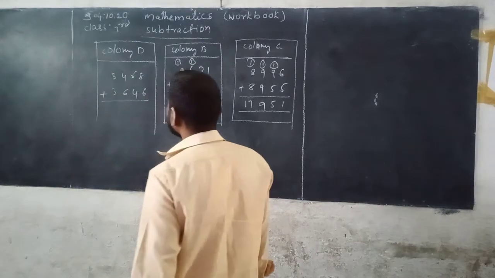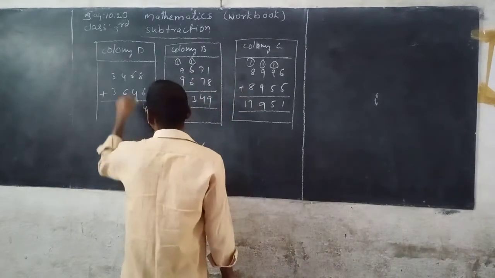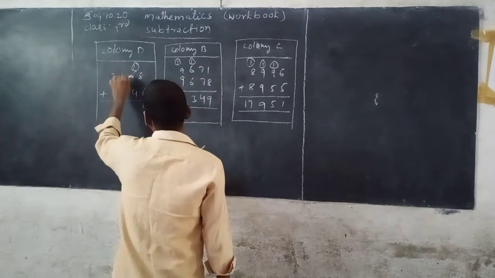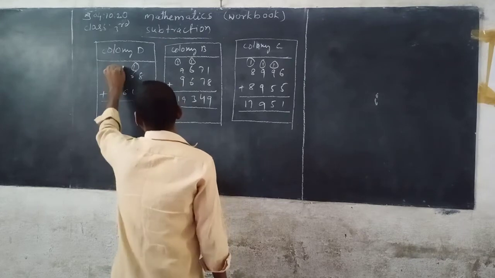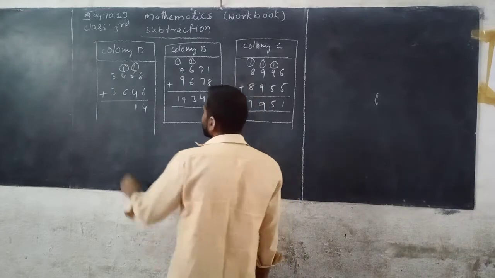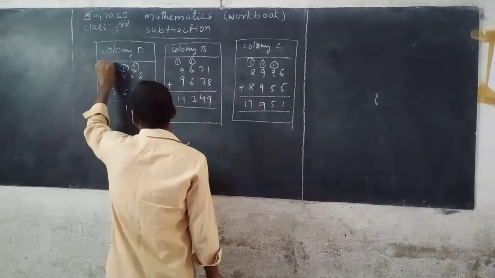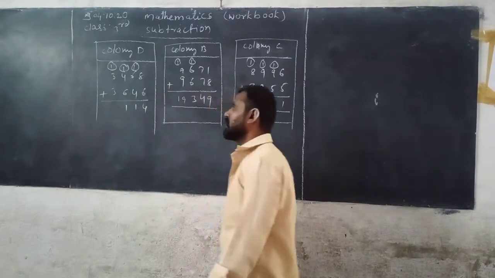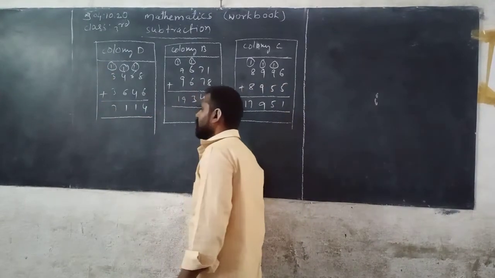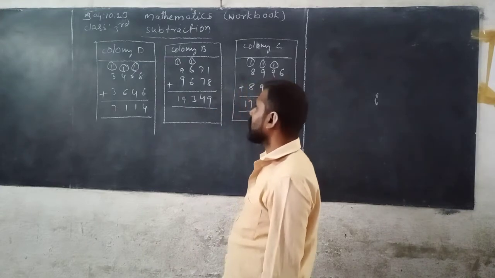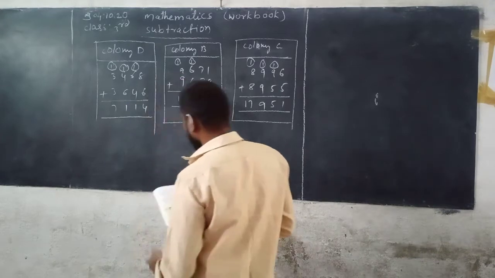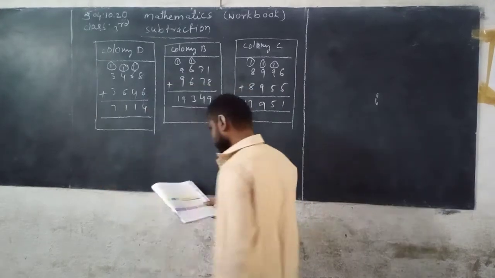First add the digits in ones place. 8 plus 6, 14. 4 taking, 1 carrying to tens place. Next add the digits in tens place. 1 plus 6, 7. 7 plus 4, 11. 1 taking, 1 carrying to hundreds place. Next add the digits in hundreds place. 1 plus 4, 5. 5 plus 6, 11. 1 taking, 1 carried to the thousands place. Next add the digits in thousands place. 3 plus 3, 6, 6 plus 1, 7. Now number of men and women in colony D is 7,114. Okay beta, write down everybody.